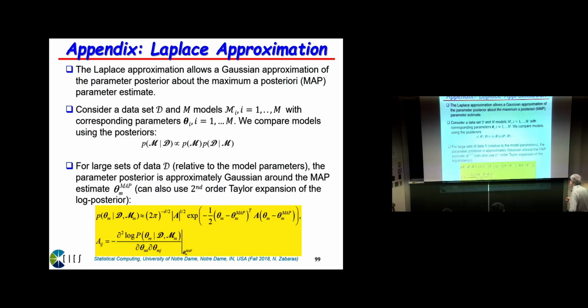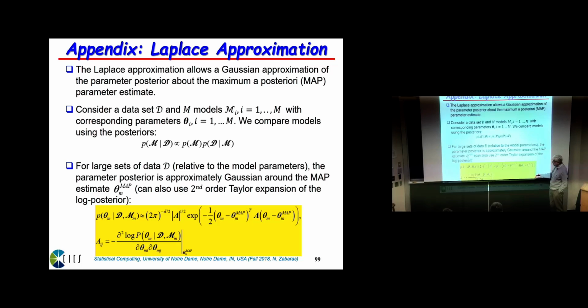So effectively, the approximation looks like a Gaussian centered around the MAP estimate, and the precision is defined by the second derivative of the log posterior.